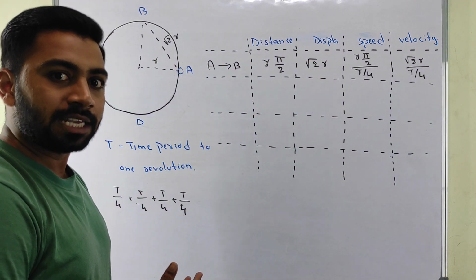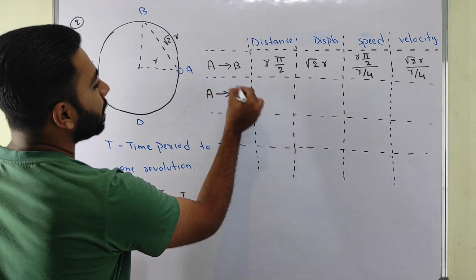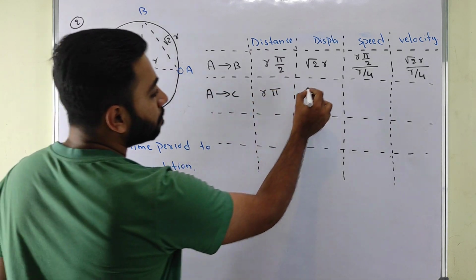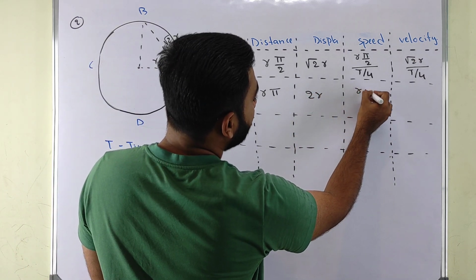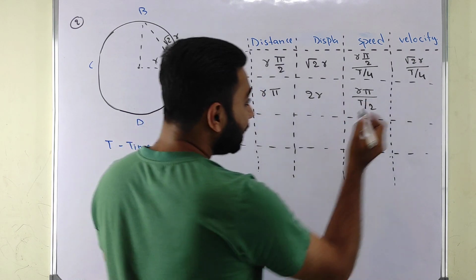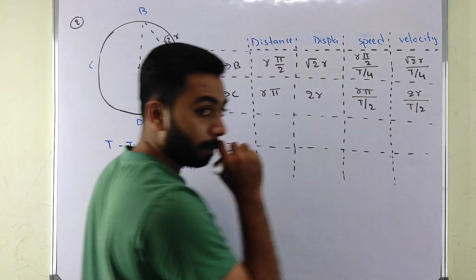It's very easy. When the particle moves from A to C, it covers overall distance r pi. Displacement is 2r. Here speed is r pi divided by T by 2, and velocity is 2r divided by T by 2.